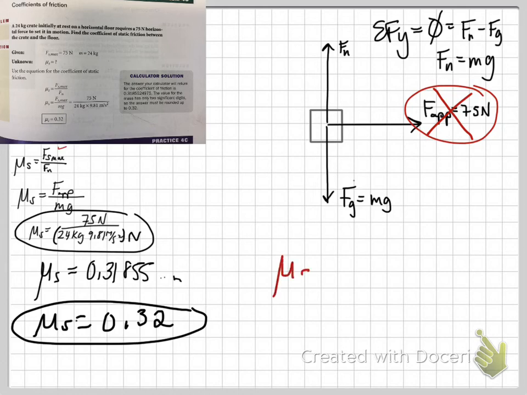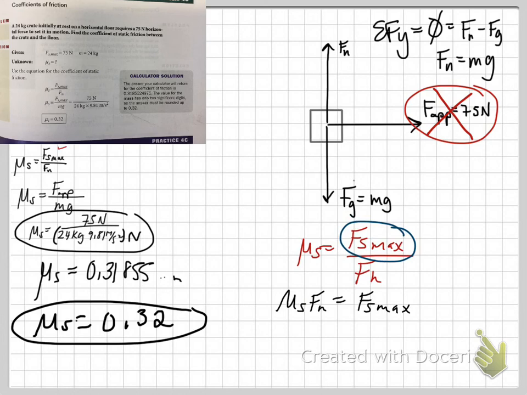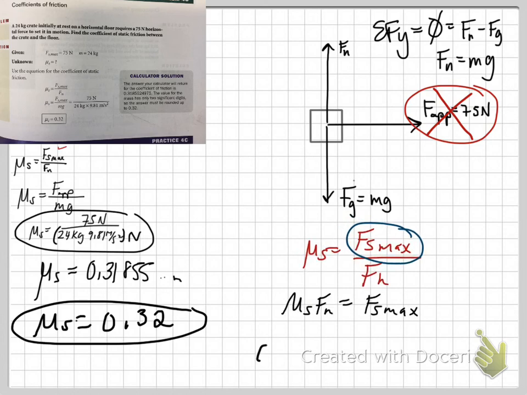Well, we know that mu s equals Fs max divided by Fn. Now we're being asked to solve for this, so mu s times Fn equals Fs max. If we are asserting that the coefficient of friction has decreased and it's now 0.10, we'll use our same normal force.